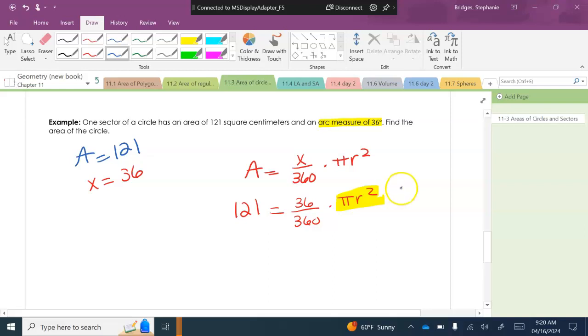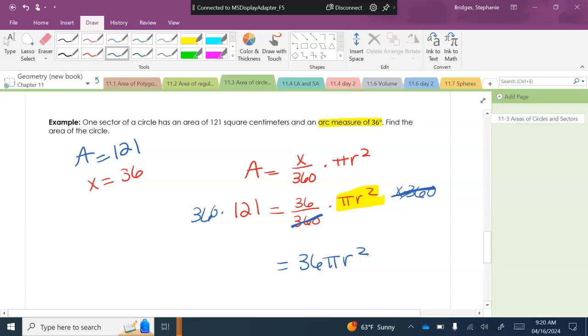Okay, so start by this. I'm showing you the work, but we're basically just multiplying both sides by 360. What that does is over here on the right side, those 360s cancel each other out. And that leaves me with 36 times pi times radius squared.